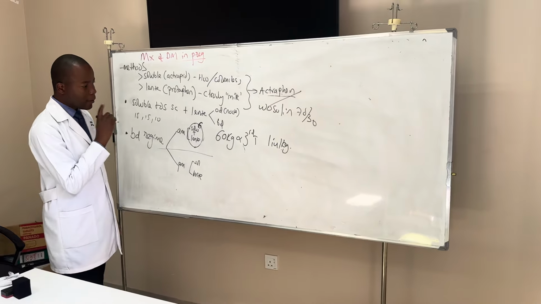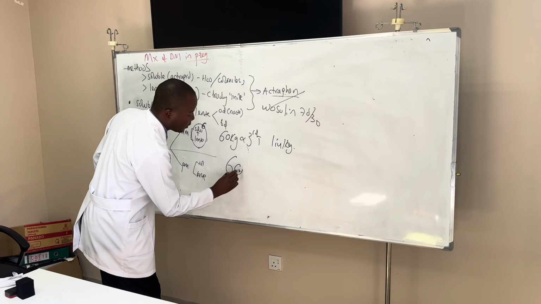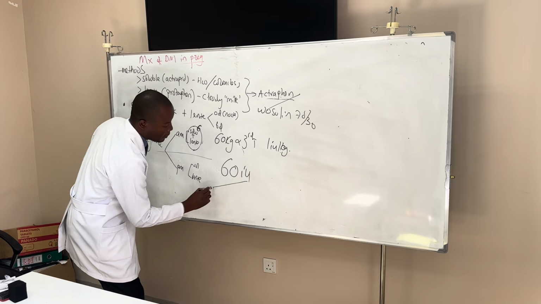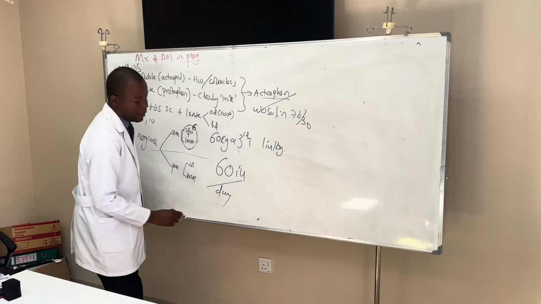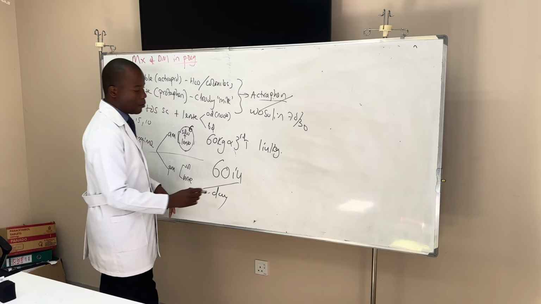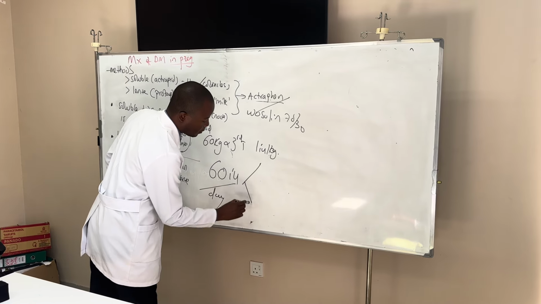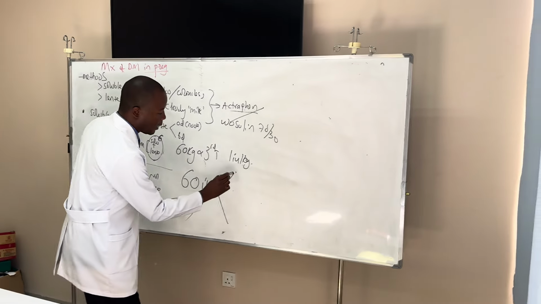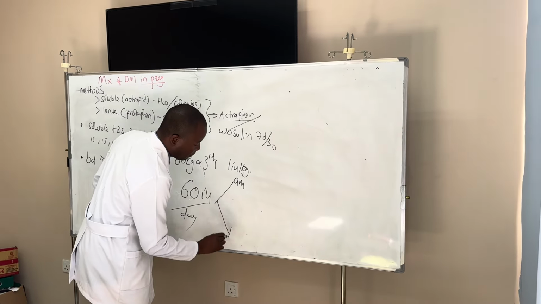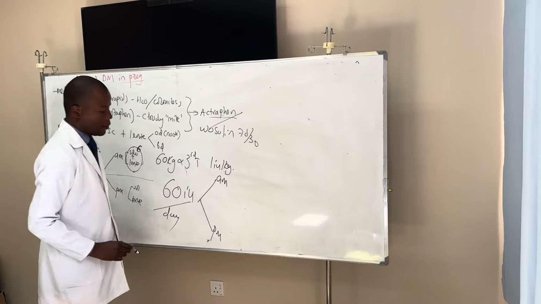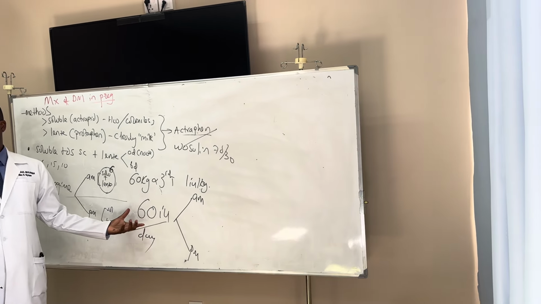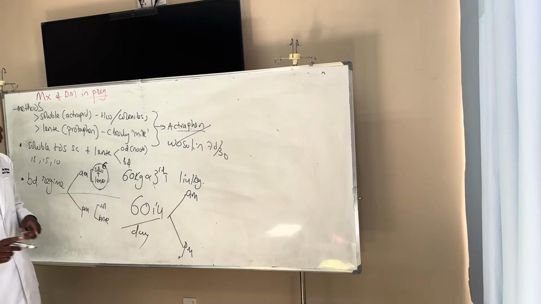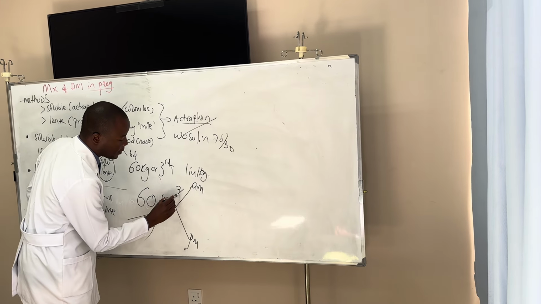Now, the total will be 60 international units per day. Now, you ask yourself, a day has got AM and the PM. So, of this 60, let me get 2/3. 2/3 of 60 is what?